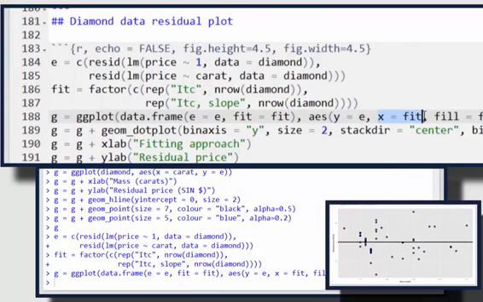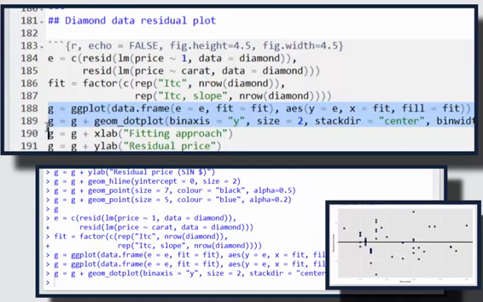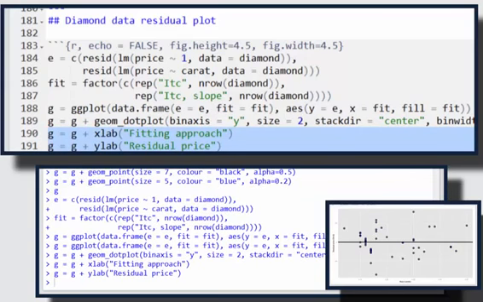My X variable is going to be the fit, which of the two fits it is, the linear model with just an intercept, or the linear model with carat, the mass, as the predictor. And I want to fill in my points with the color based on which fit it was. So I'm going to do that. And then the kind of plot I want is a dot plot. And then I want to put my axes labels the way I'd like. Now let's see the plot.